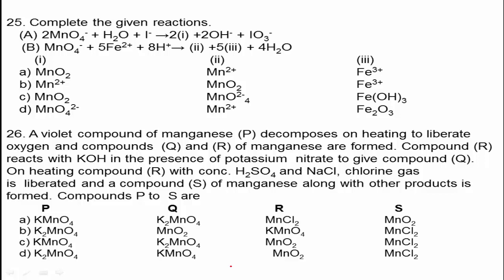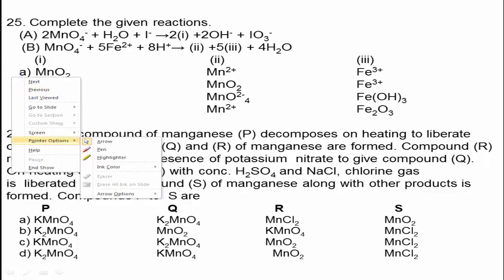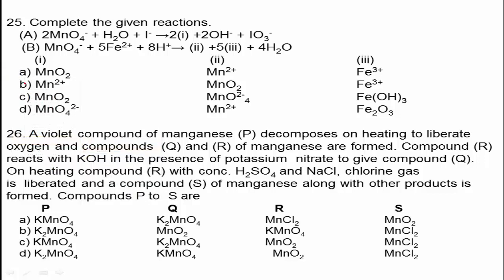Here also MnO4 minus is an oxidizing agent, Fe2 plus is a reducing agent. Therefore, the products obtained during these reactions are given in option A, so your answer is A.